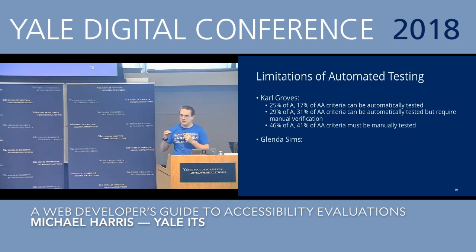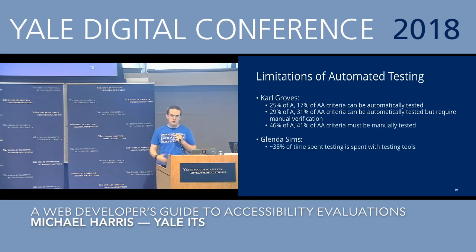Glenda Sims is a consultant at Deque. She did a survey of her testers, and she found that most testers spend about 38% of their time with testing tools. That means a combination of automatic testing and automatic testing with manual verification.